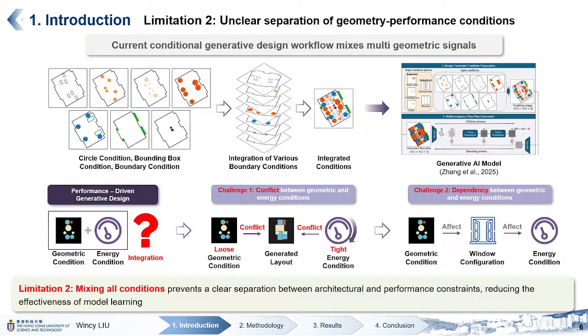But this integrated method combines all the conditions into one channel to the model, and will not separate the different controls. That's not appropriate for the geometric condition and energy condition, because sometimes the 2 conditions conflict.